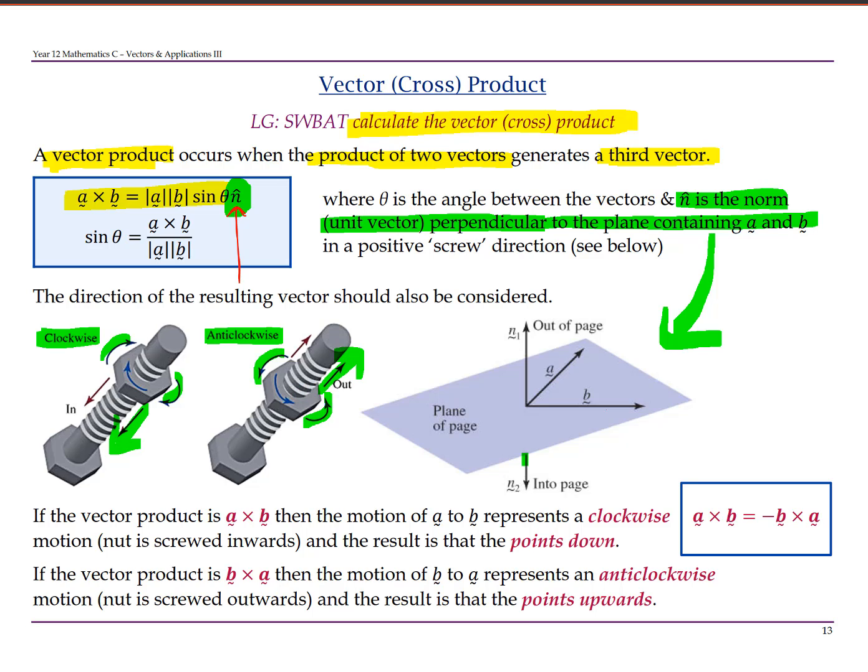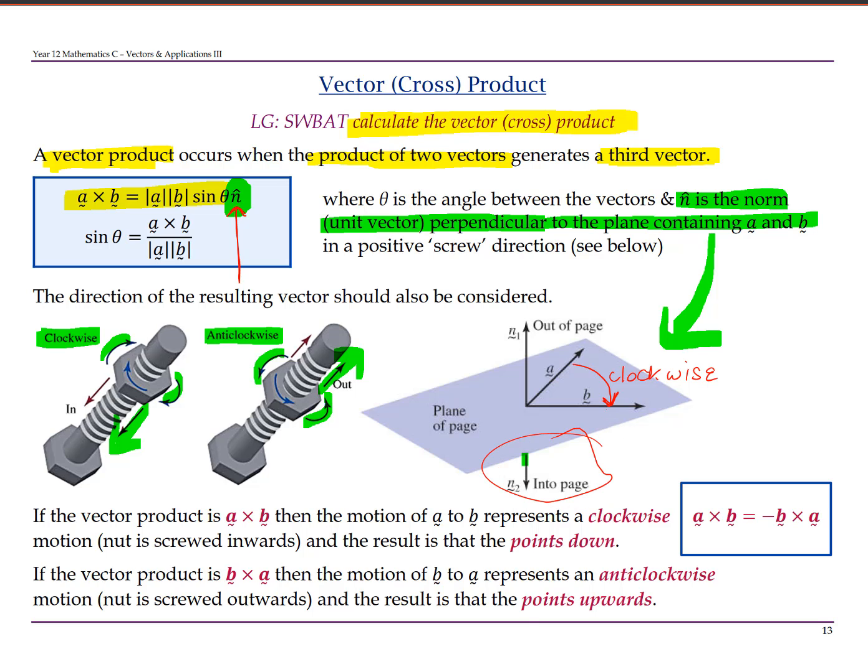So if we look at the diagram I have here, I've got two vectors A and B. If I'm going from A down to B, that there is clockwise. So when I go clockwise, my resulting vector is going to point down.